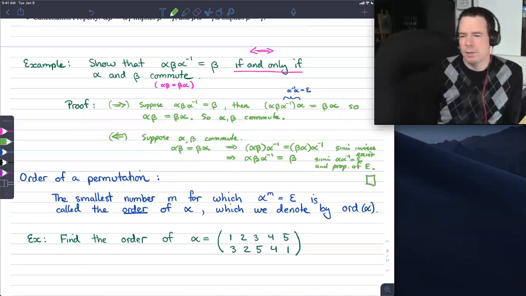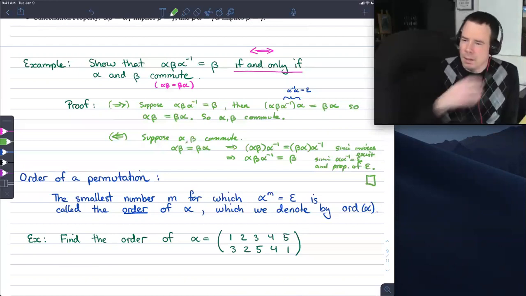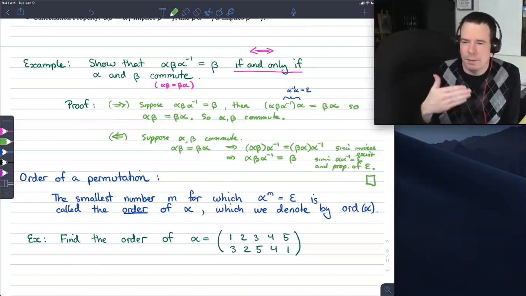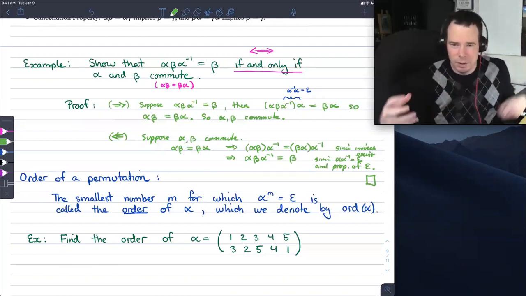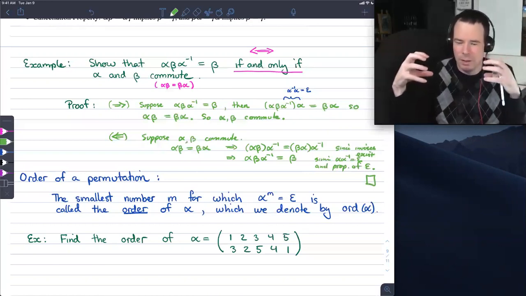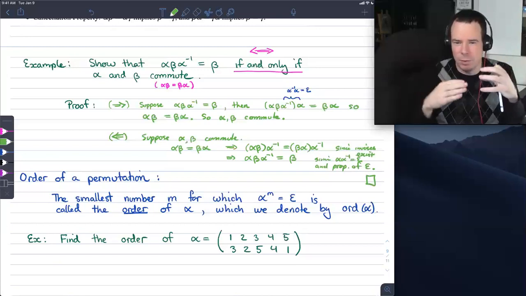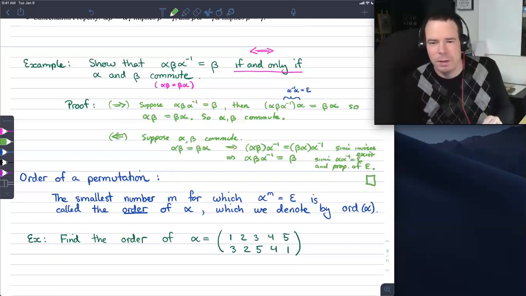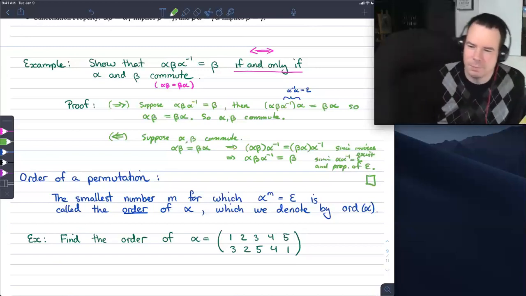So what this tells us is that if we sandwich a permutation between alpha and its inverse, the only time it'll have an effect on what's inside is when it doesn't commute with what's inside.